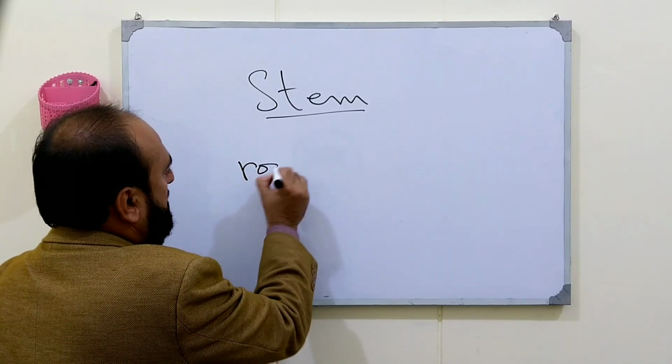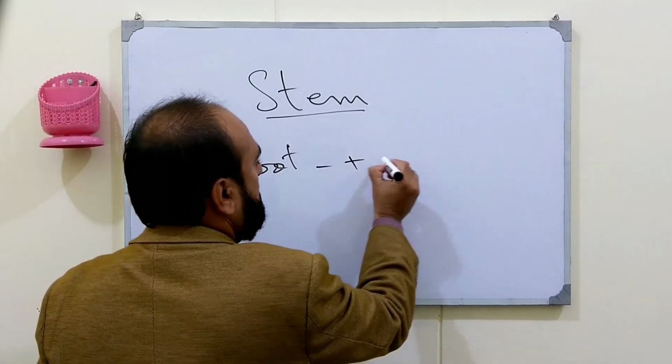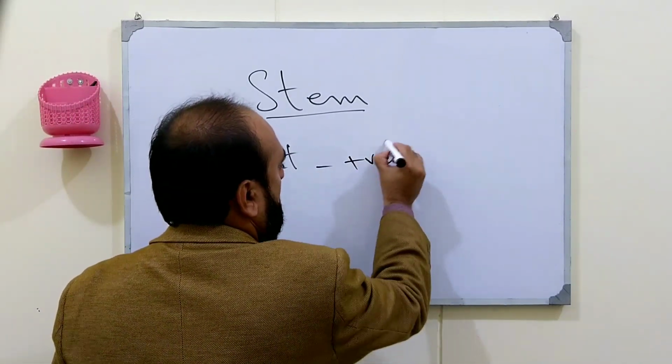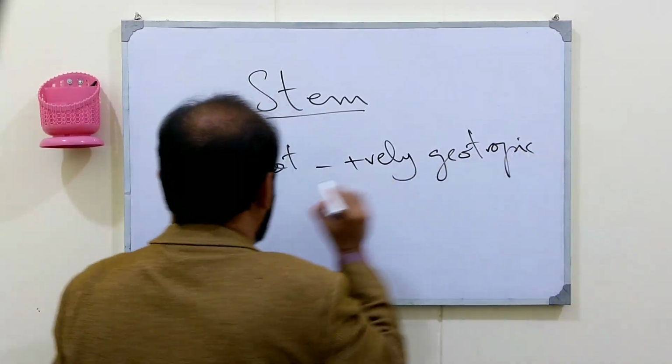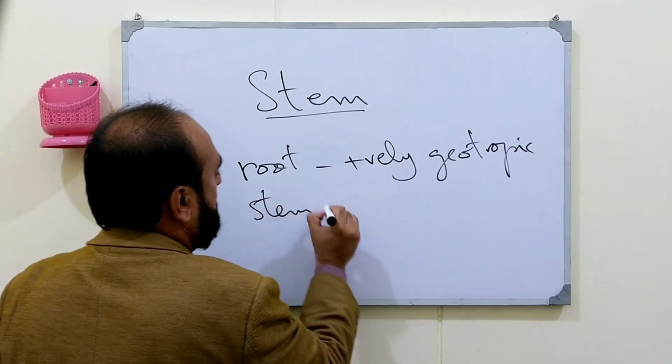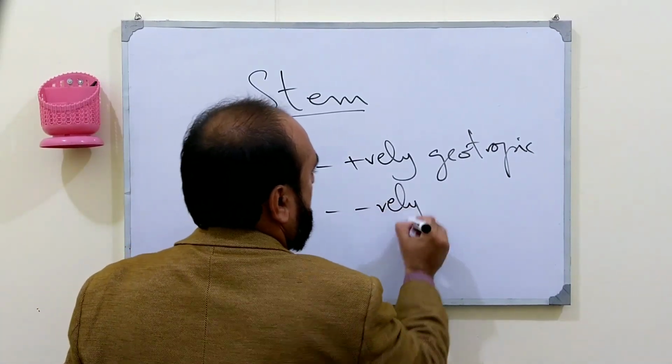So the root is positively geotropic, the stem is negatively geotropic.